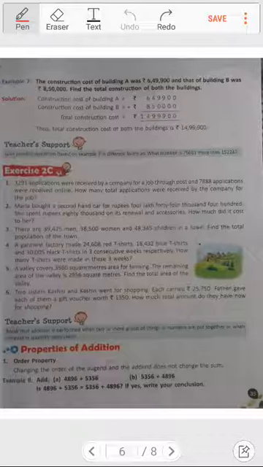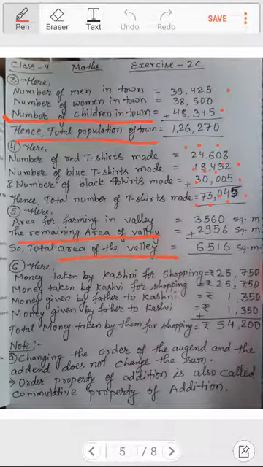You can see the solution, then you can understand in a better way. Here I have written: money taken by Kasni for shopping 25,750, money taken by Kasbi for shopping, both have got 25,750. Money given by father to Kasni is also 1,350, and money given by father to Kasbi is also 1,350. So the total money taken by them for shopping is how much?